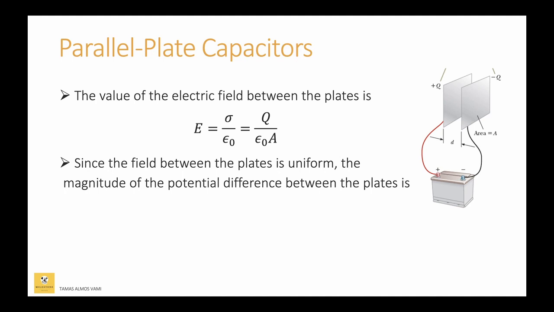Since the field between the plates is uniform, the magnitude of the potential difference between the two plates is, as we discussed earlier, the line integral of the electric field. But because of this uniformity, the vectors are pointing in the same direction, so we can take out the E, and then the integral of the d.